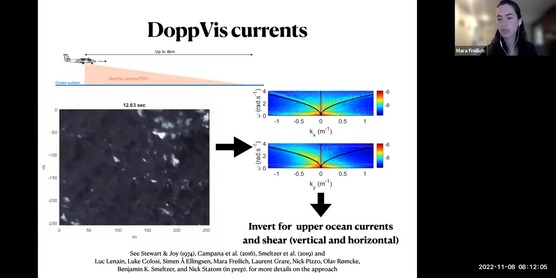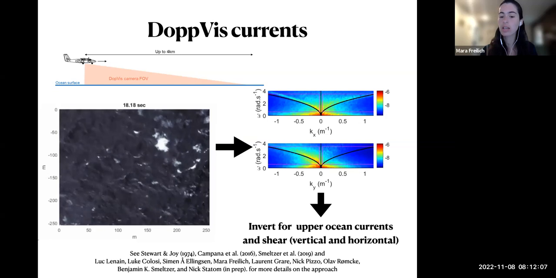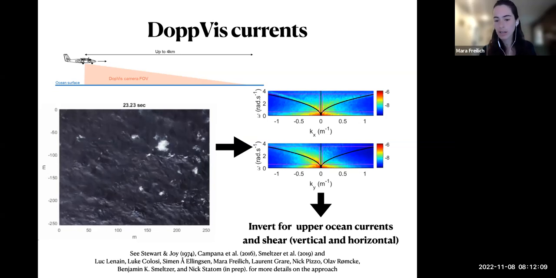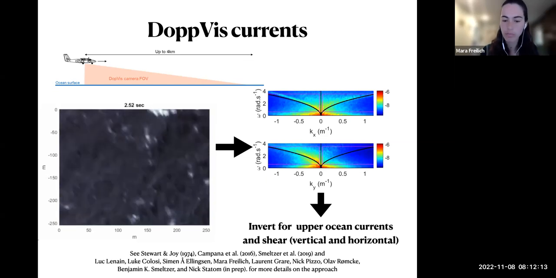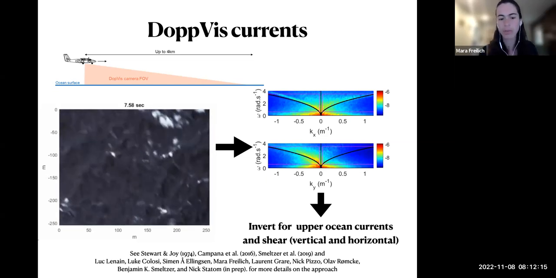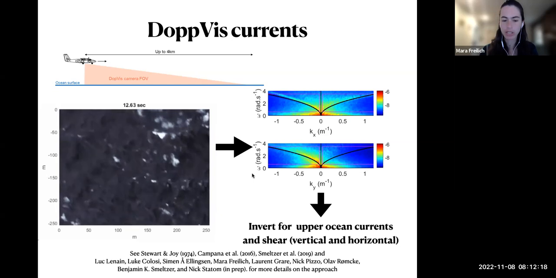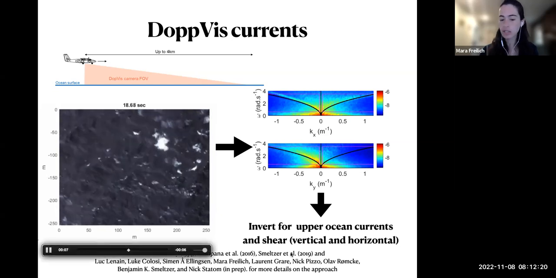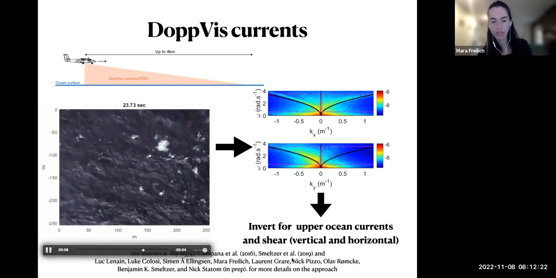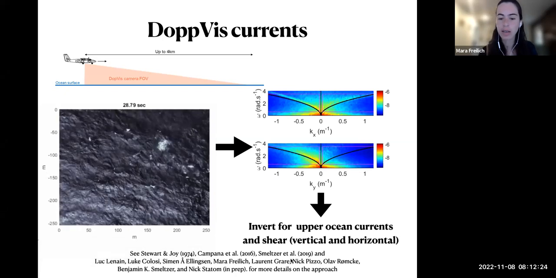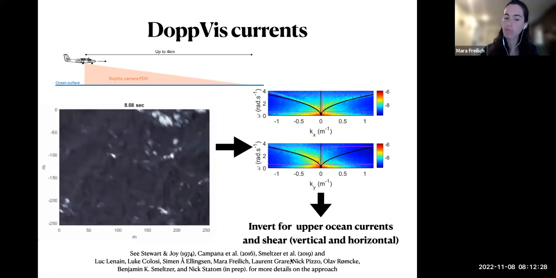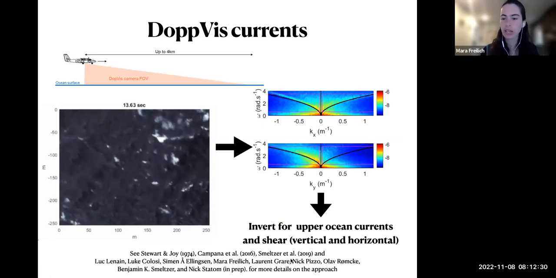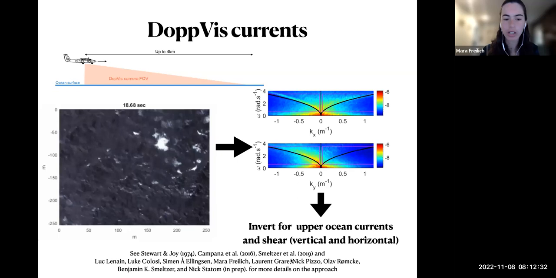And so to look at the currents, we can actually invert this, and we can get upper ocean currents and actually upper ocean shear as well. But I'll be focusing here on the depth average currents. And the details of this methodology are in a number of papers, including one that Luke is leading in preparation as well. But this is a well-established methodology for estimating ocean currents.